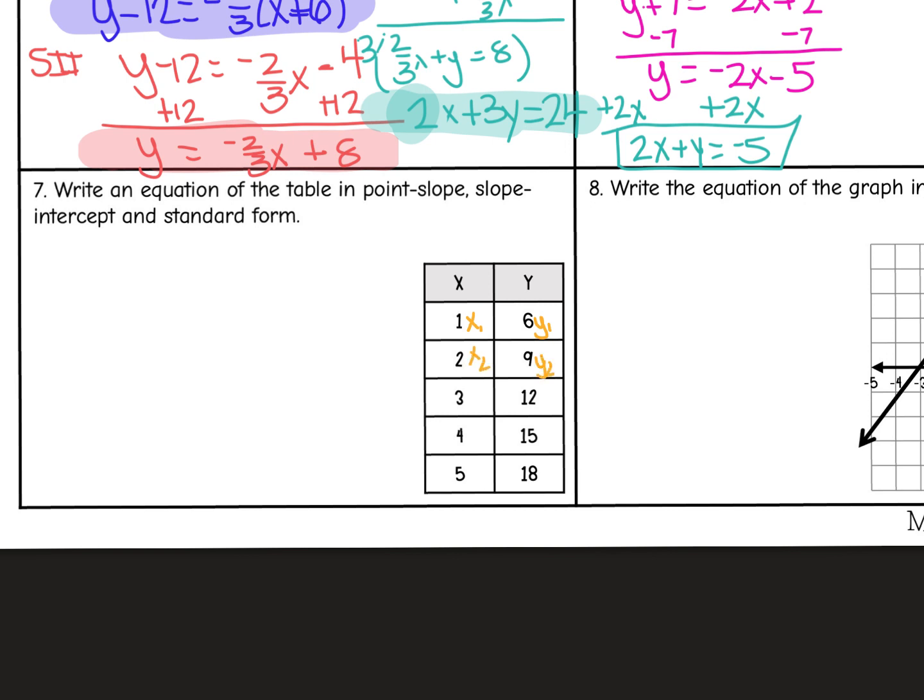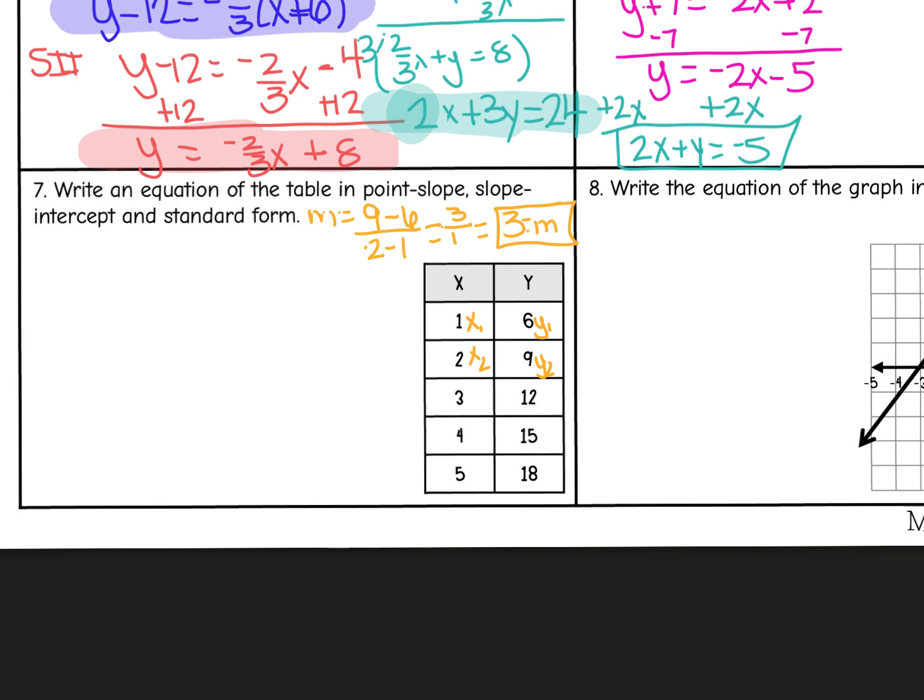And now I'm going to plug them into my slope formula, which is y2 minus y1 over x2 minus x1. 9 minus 6 is 3. 2 minus 1 is 1. My slope is 3. Okay, so 3 is my slope.